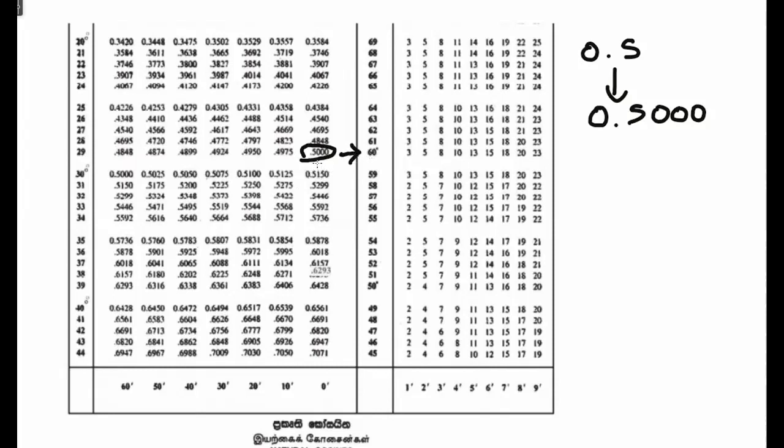And how many minutes? Come down and see. Don't go up. Up is for sine. Down is for cosine. So it's 60 degrees and 0 minutes. So what's the location of 0.5? It's 60th degree row, 0th minute column. So 60 degrees and 0 minutes.